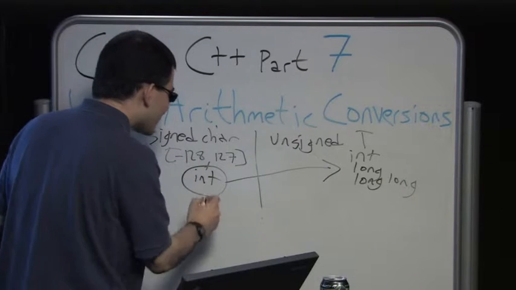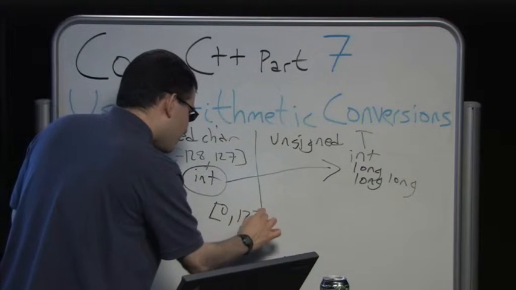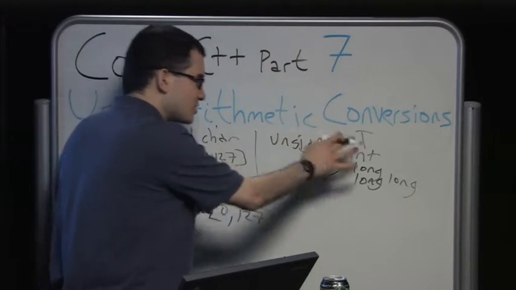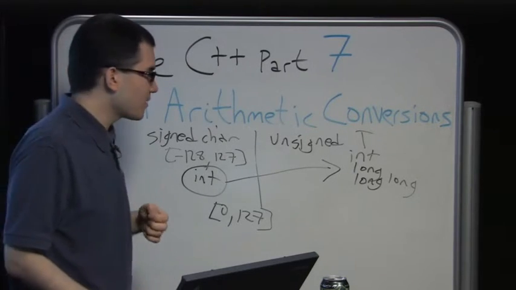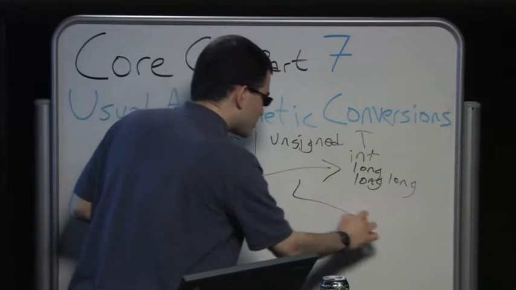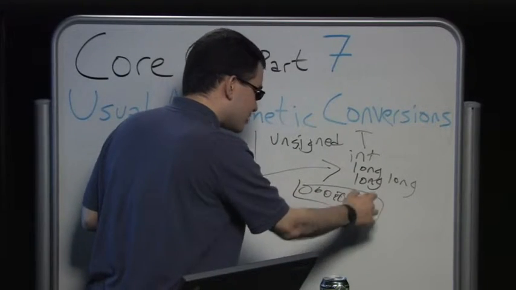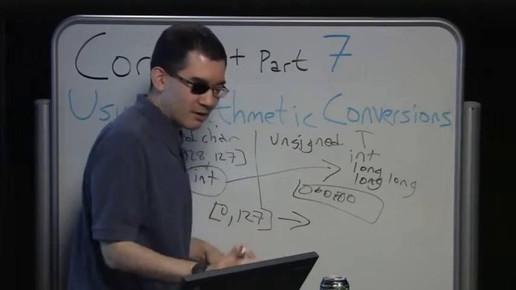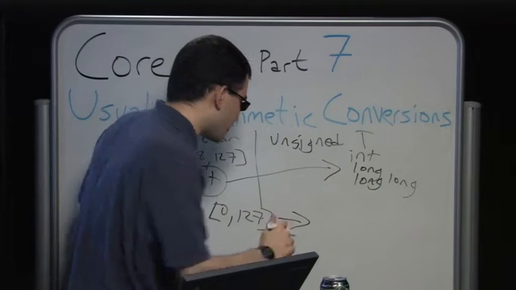If my signed char is in the range from 0 to 127, then when we convert int to unsigned int, unsigned long, or unsigned long long, this is value preserving. This is an unsigned thing, it's a whole bunch of bits, we fill in a bunch of zeros, and then we copy the int here, and we're done. So 0 to 127 gets mapped, thinking just in terms of values, to 0 to 127.